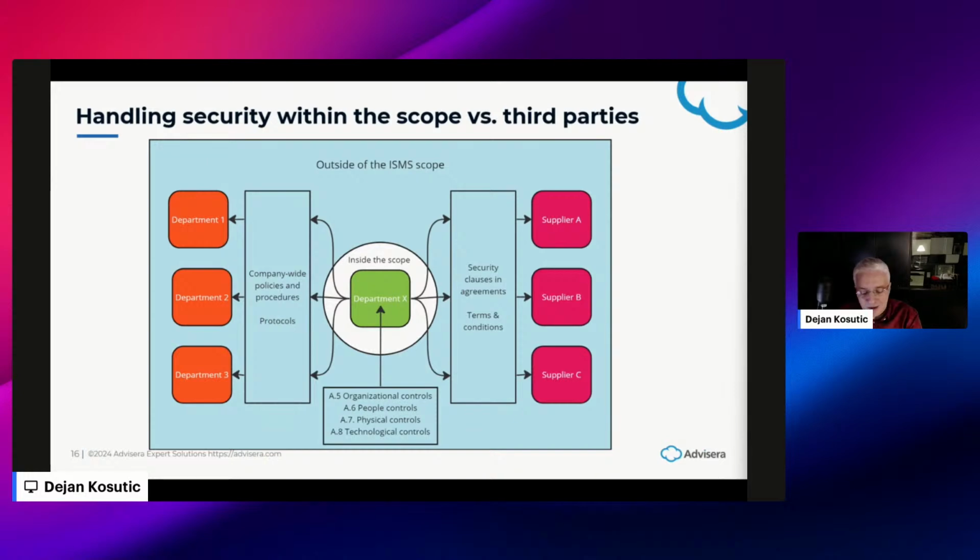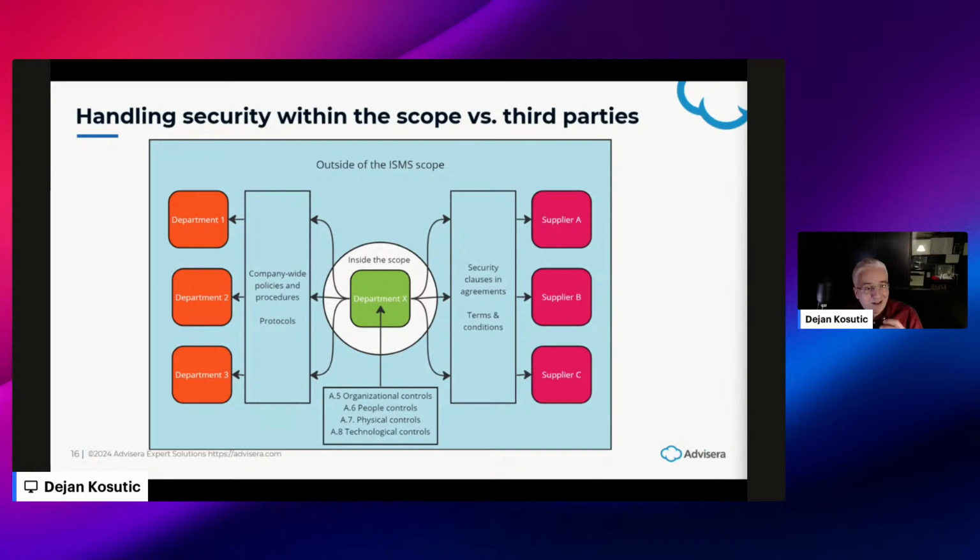So let's say you determine that you want to include only your IT department and, I don't know, R&D department within the scope, but your HR department is outside of the scope. By the way, this HR department is of course processing some sensitive data from within your scope, for example, personal data of the employees who work within the scope.